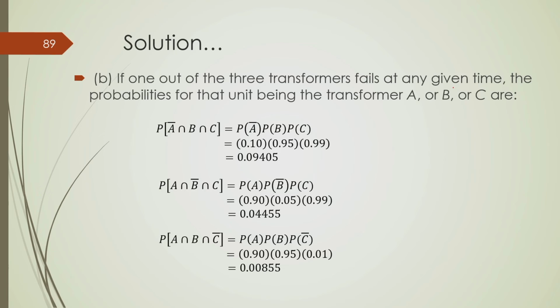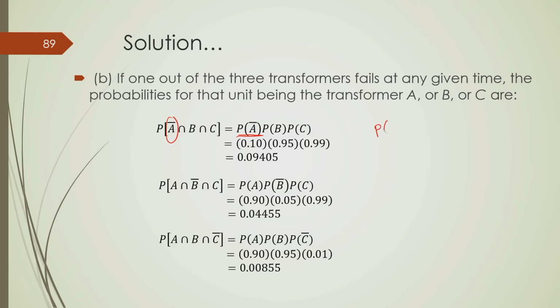Now, what would be the probability if we have one fault of individual transformer at a time. So, this event is translated as A prime.